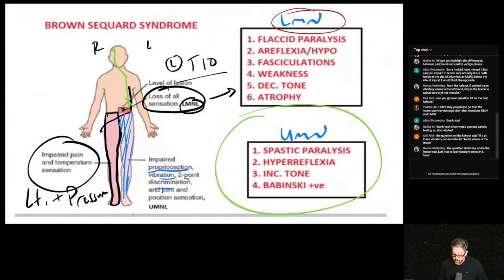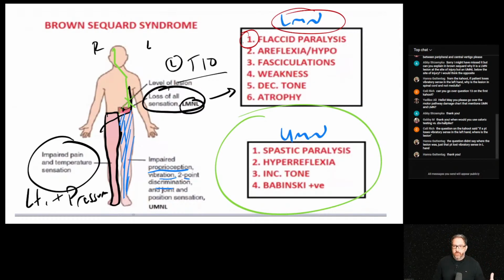And lesions. Okay, lower motor neuron. One, flaccid paralysis. If the lower motor neuron's not working, nothing is telling the muscle what to do. So you have immediate flaccid paralysis. There's going to be no tone there. Areflexia or hyporeflexia.